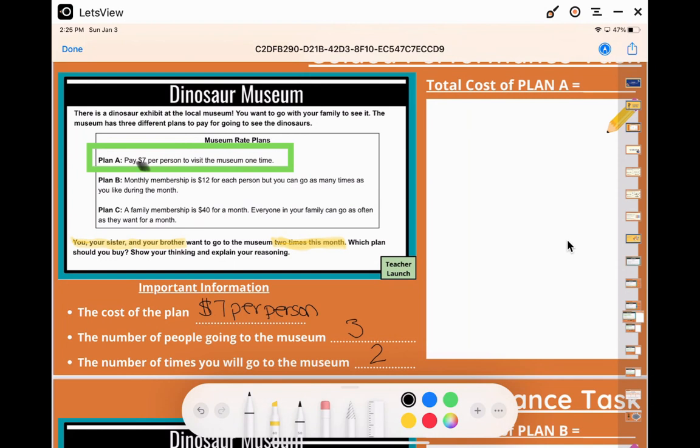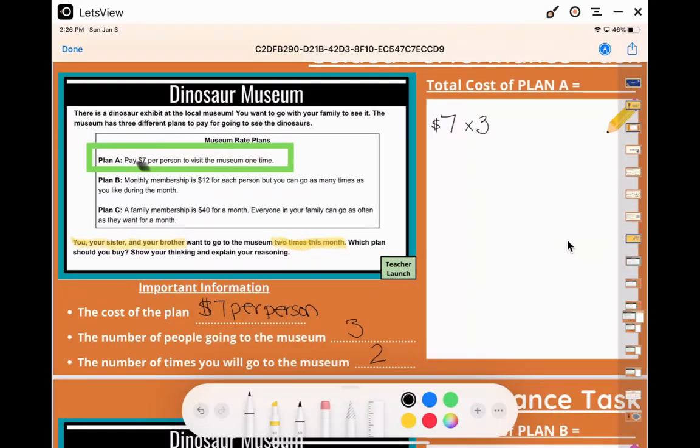Yesterday, we talked about the associative property and multiplying multiple factors together. For plan A, the plan costs $7 per person, and we have 3 people going to the museum.